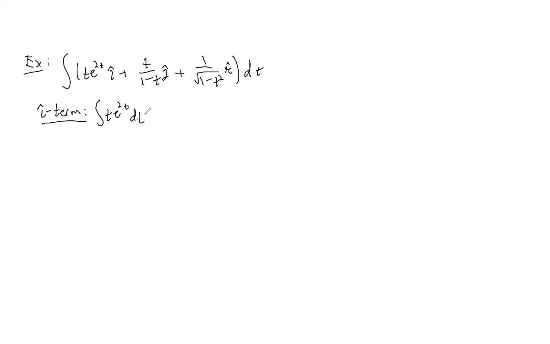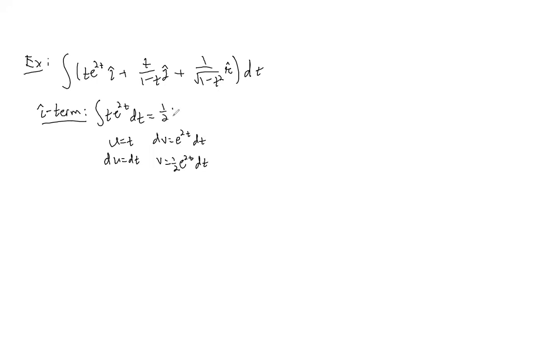Again, you have to do this one by parts. Let's say that u is going to be t, so du is just dt. dv is e to the 2t dt. v is 1/2 e to the 2t.